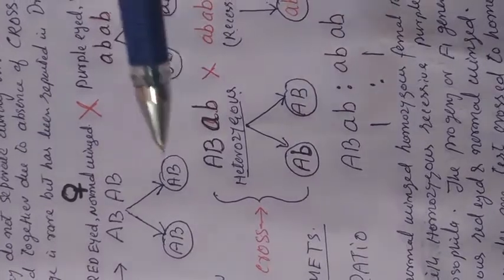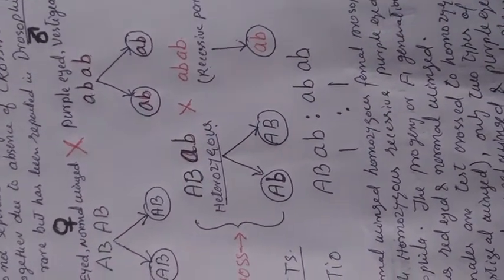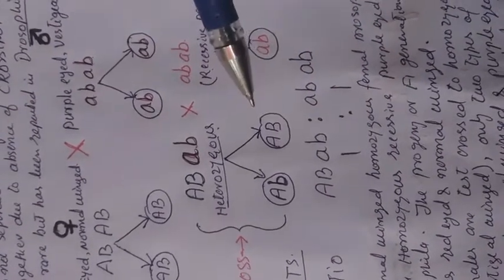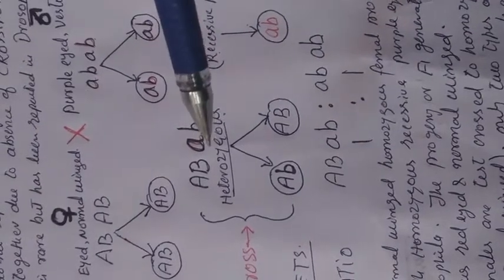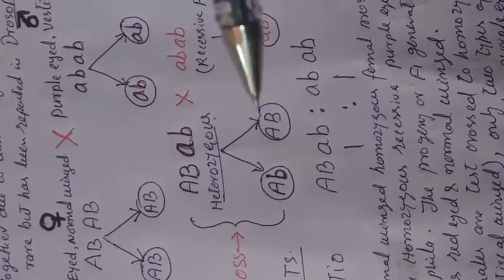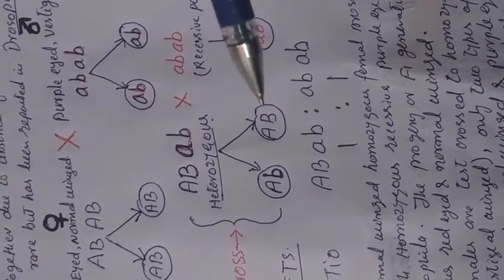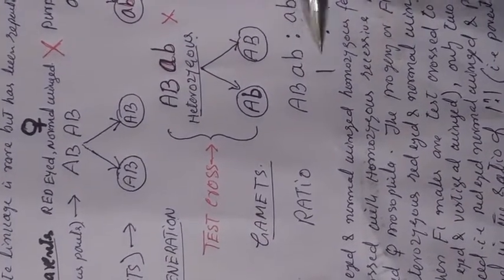Now, when F1 males are test-crossed to a homozygous recessive female, purple-eyed and vestigial-winged, only two types of individuals are produced, red-eyed normal-winged and purple-eyed vestigial-winged, in the ratio of 1:1. That is, the parental phenotypes only.